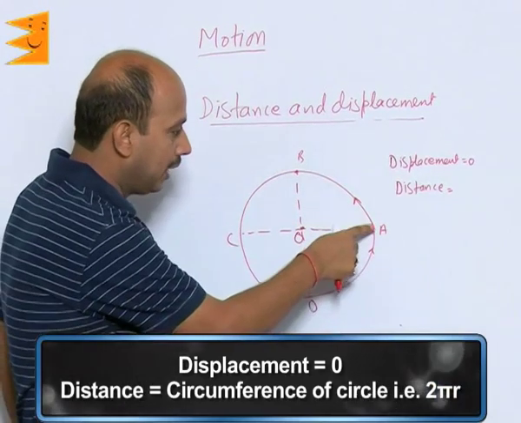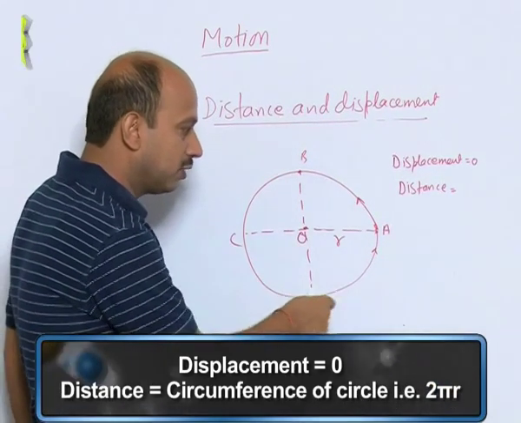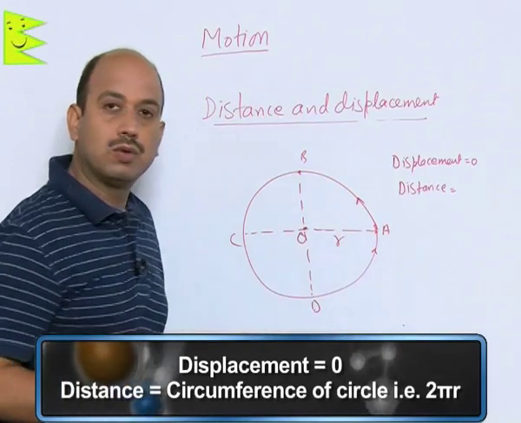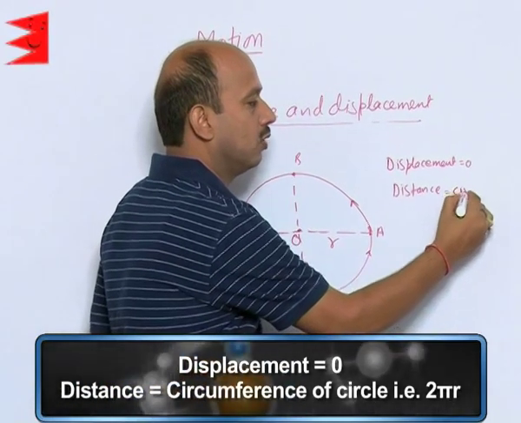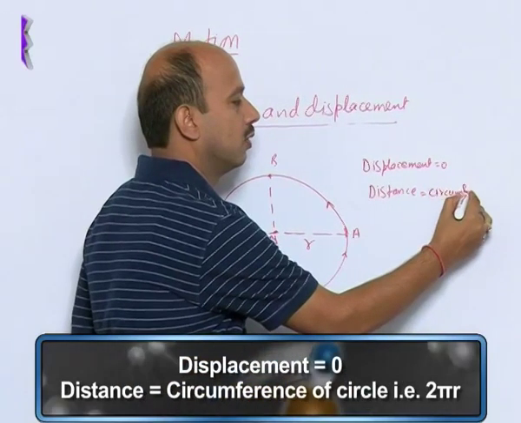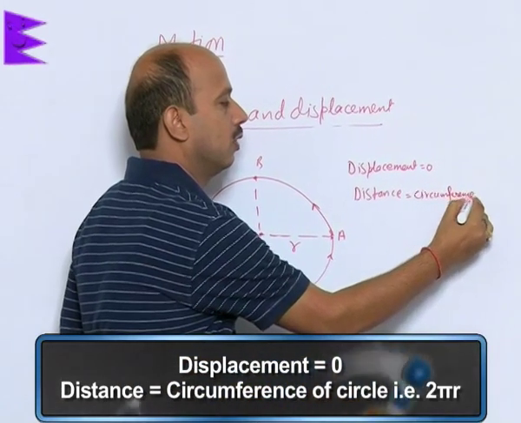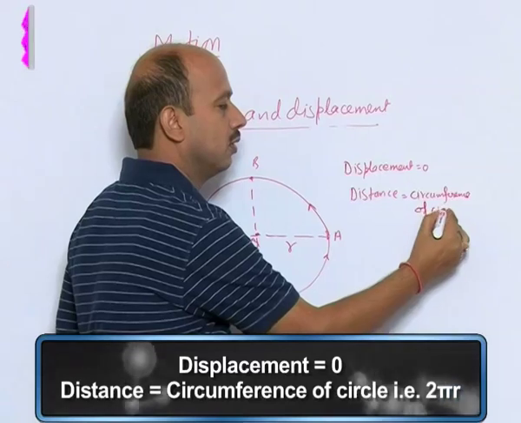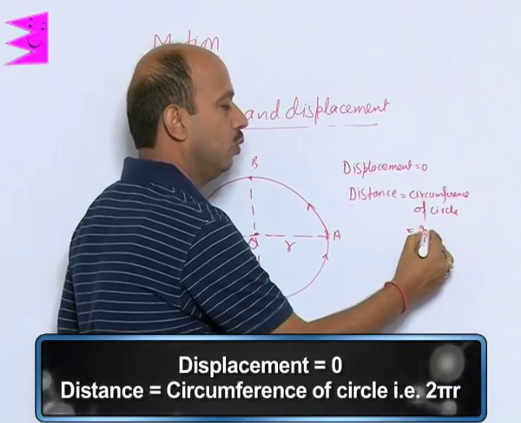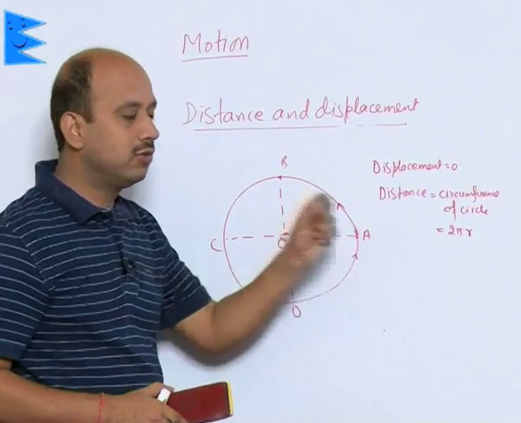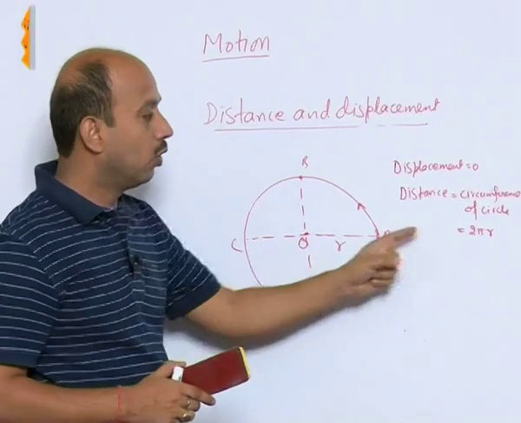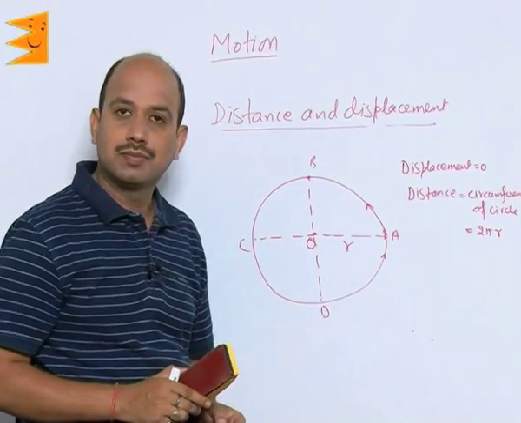So, from A, this whole circumference of the circular path is equal to distance. So, here we can write distance is equal to circumference of circle, that is equal to 2 pi r. So, here displacement is 0, but distance is non-zero, that is 2 pi r.